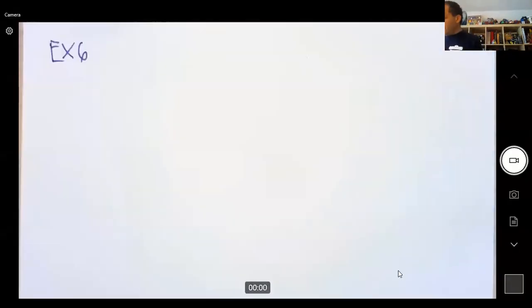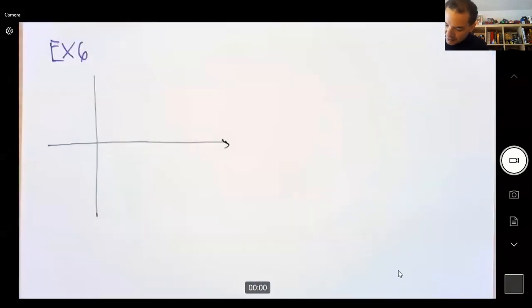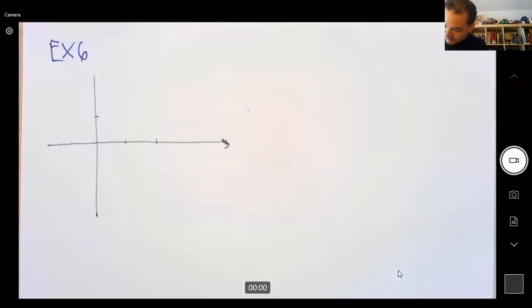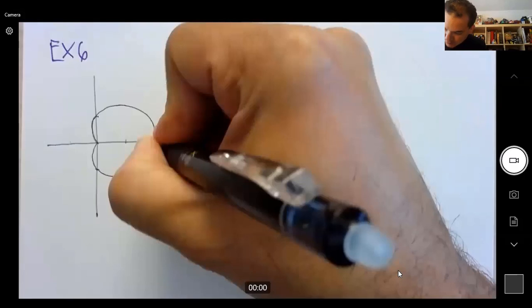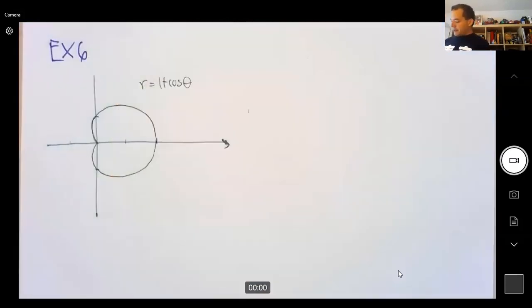So we have two regions. One of them is in two curves. One of them is our regular cardioid, our axis here, and we have 1 and 2 here, and this is our cardioid, r equals 1 plus cosine theta. And we also have the circle. The circle is 3 cosine theta, so we go 3 units this way.